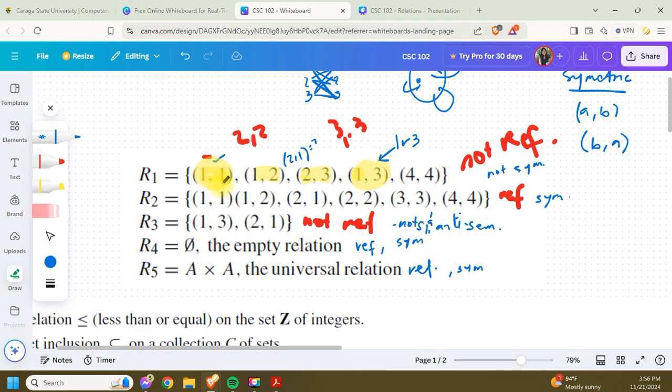This is also 1 related to 3. So they only have 2 connections to this one, 2 as their connection, and 1 as their connection. And then (4, 4) is of course a relationship with itself, so this is also transitive.